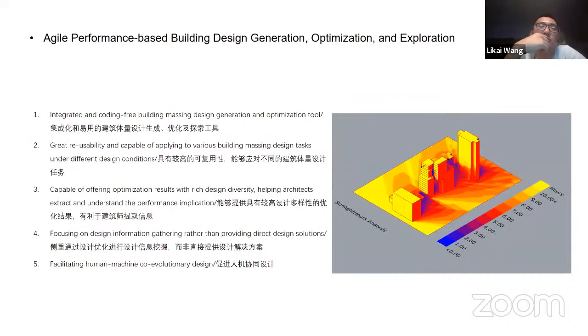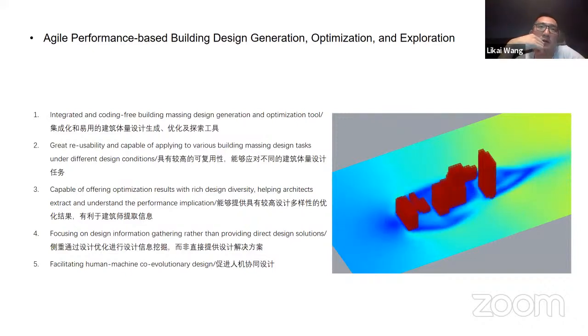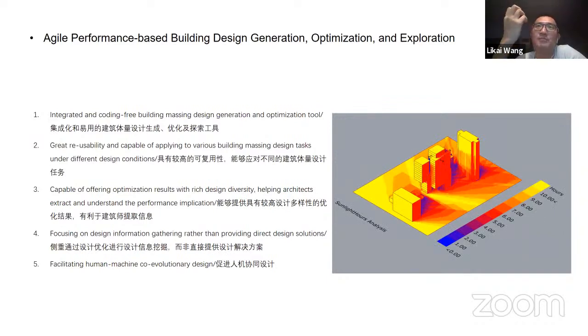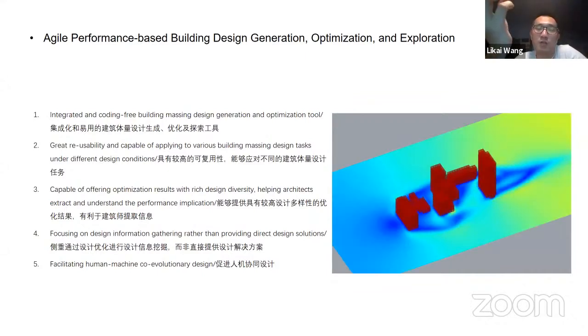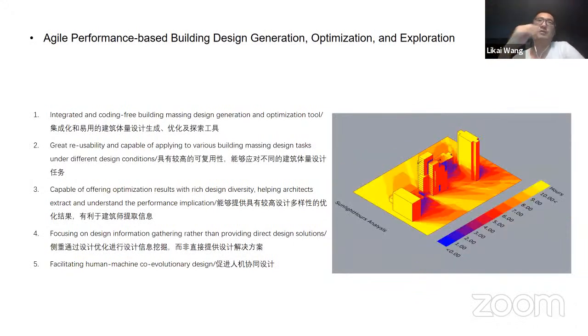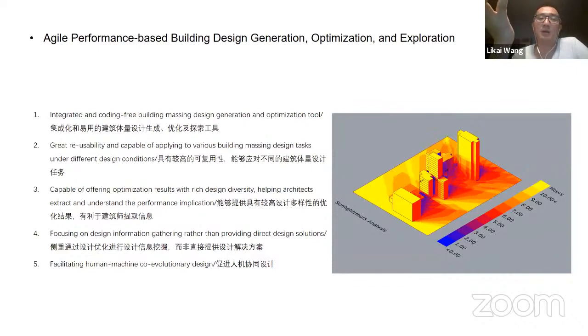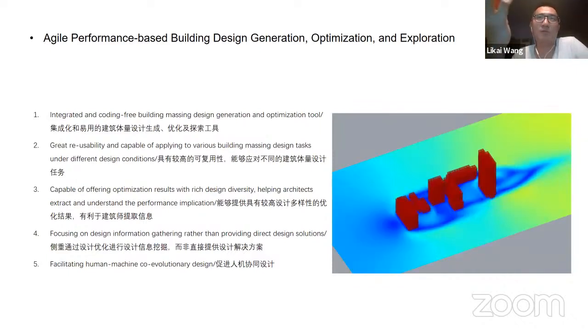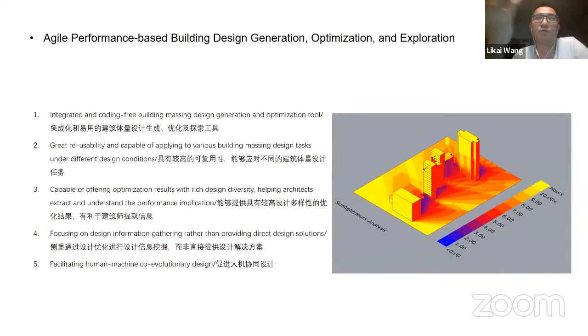And the fourth feature is that EvoMass focuses on design information gathering rather than providing a direct design solution. The reason why I tried to develop EvoMass is that usually the designer cannot create a design generative algorithm that can provide you a wide variety of design solutions. But because EvoMass only has two generic algorithms, it cannot generate different types of design, like curved or freeform architecture.